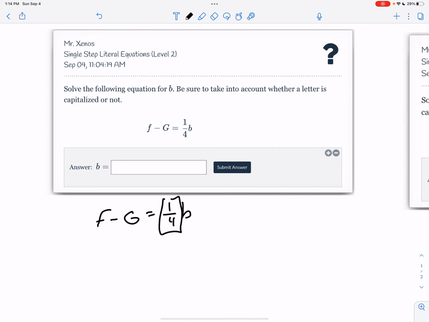I have this 1/4 that's in the way. The reciprocal of that is 4/1. So I will multiply both sides, everything, by 4/1.